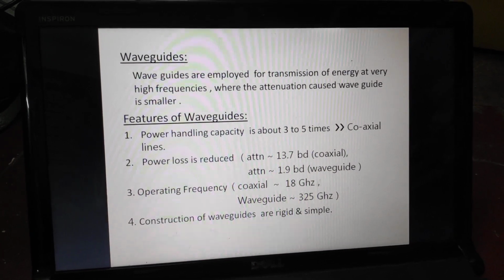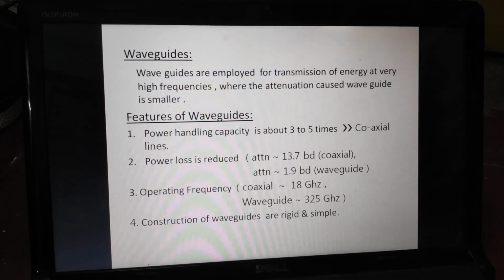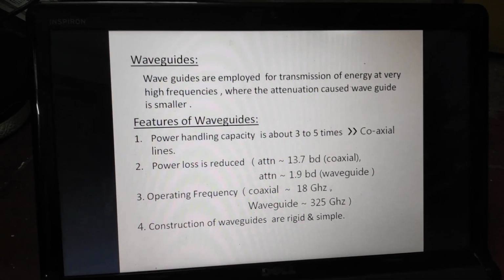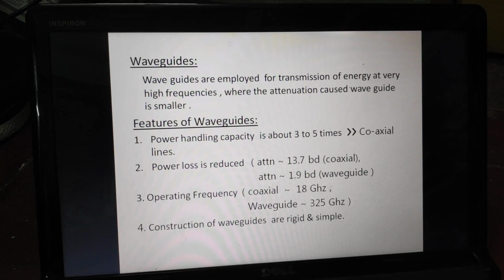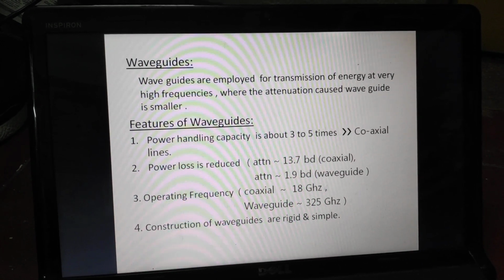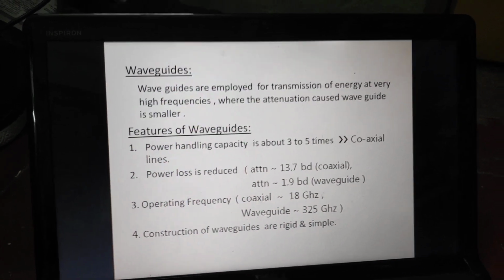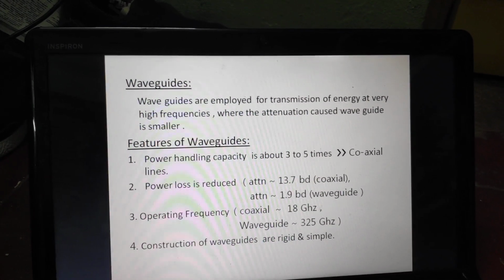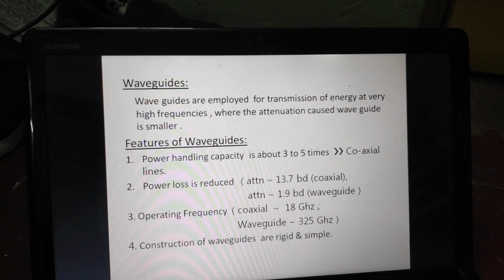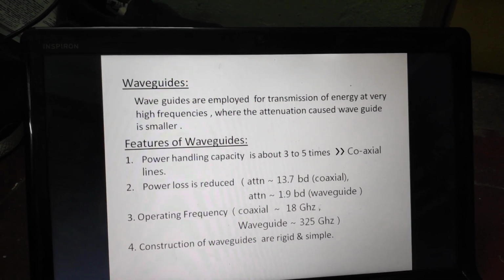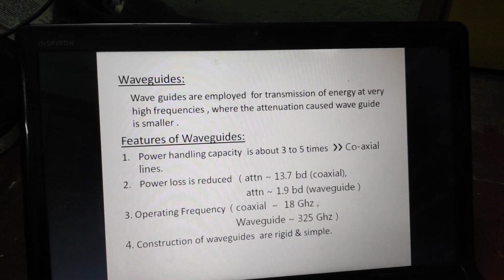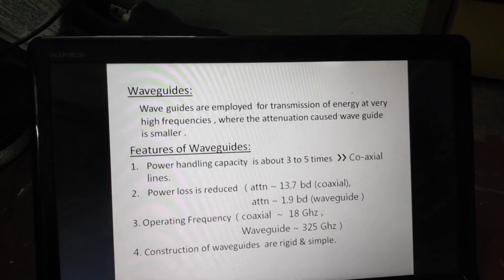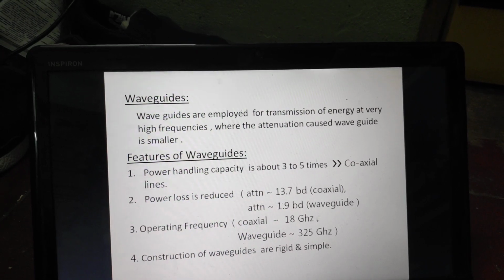For a coaxial cable it will be in the range of 13.7 dB, but for a waveguide it will be 1.9 dB alone. It is reduced 10 times. The operating frequency of a waveguide is very high compared to other types. In coaxial lines the operating frequency is in the range of 18 gigahertz, but in a waveguide it will be up to 325 gigahertz as a maximum.